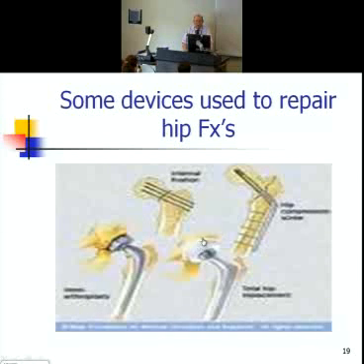So the cup would be fixed on the acetabulum side, and usually we would put 1 or 2 little screws there. The screws would be sunken so that the screw head doesn't come up above the edge of the cup. Otherwise, it would rub against the other components, and that's how you do the surgery.